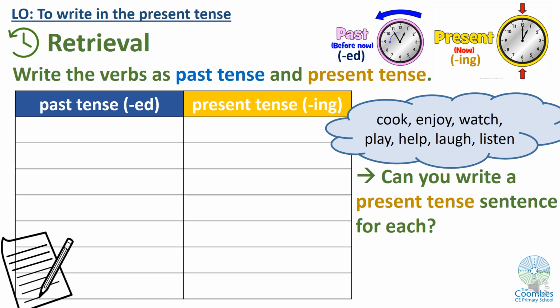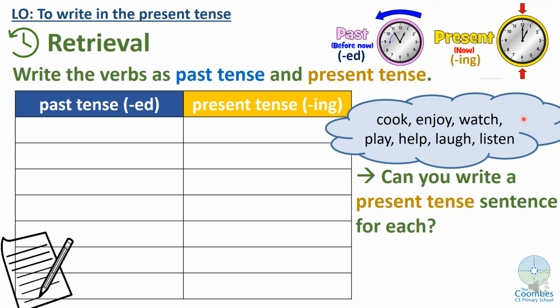For your retrieval practice today, you are going to be looking at writing verbs in the past tense and in the present tense. So writing them in the past tense with the ed suffix, something that has already happened, and writing them in the present tense with the ing suffix, something that is happening now. This is going to be a writing activity, so you can copy down the table or you can just write them as two separate lists.